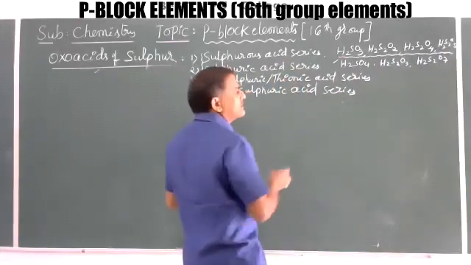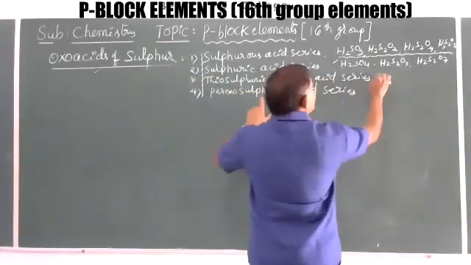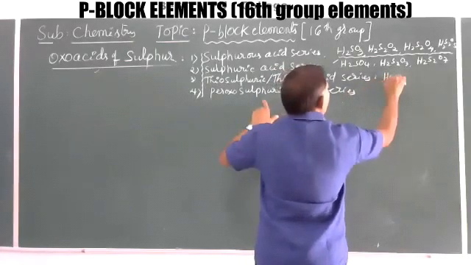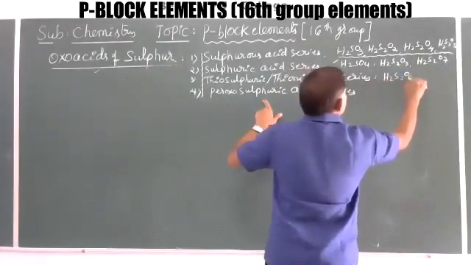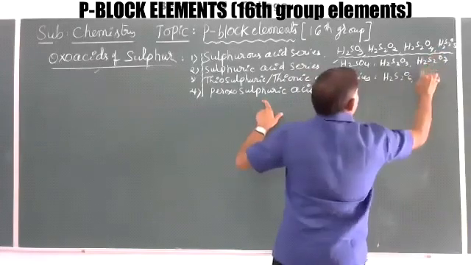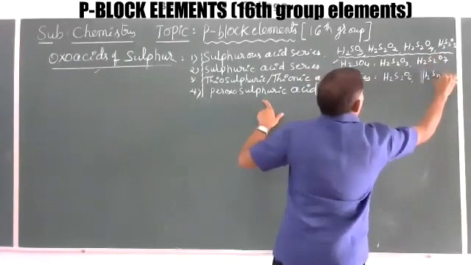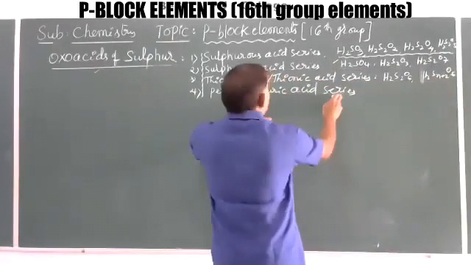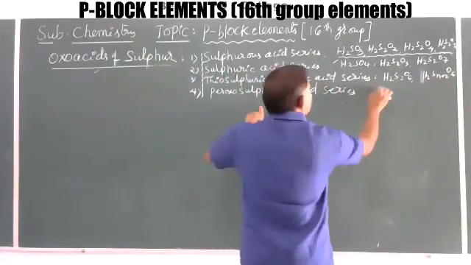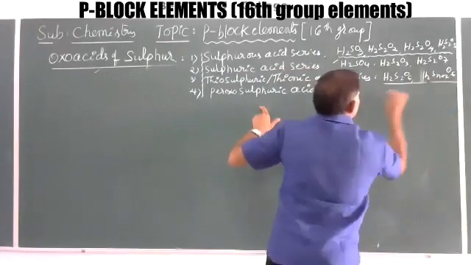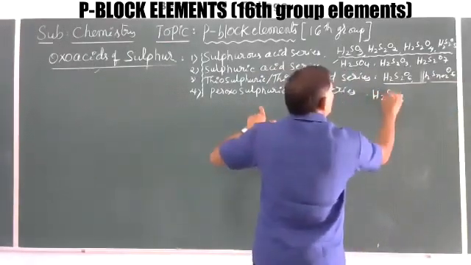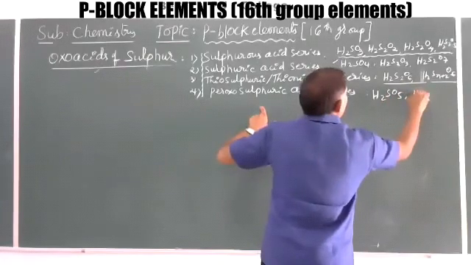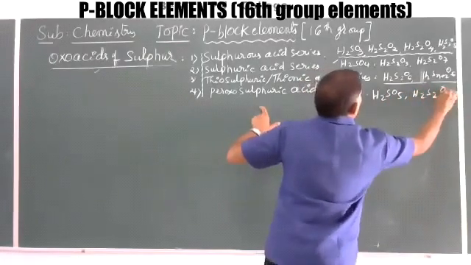In the sulfuric acid series. Here the thionic series example is H2S2O6, with general formula H2SnO6 (n plus 2). Then the peroxosulfuric acid series examples are H2SO5 and H2S2O8.